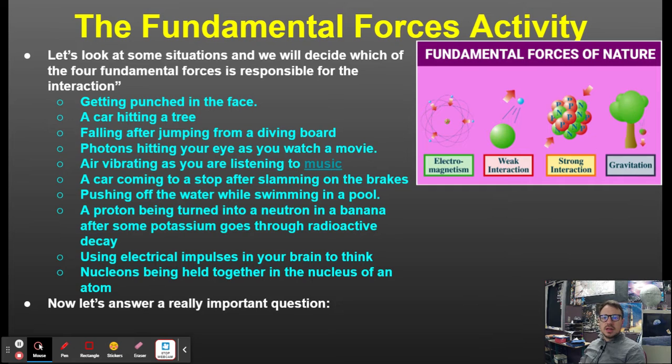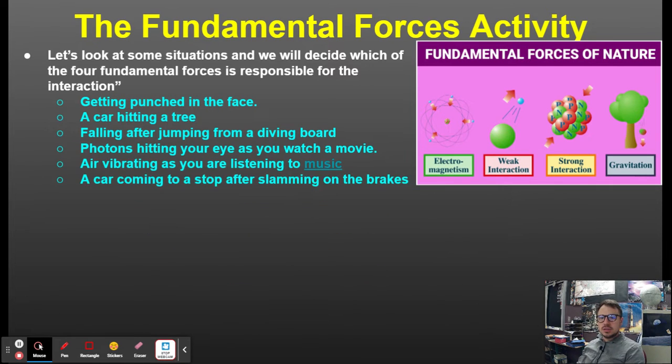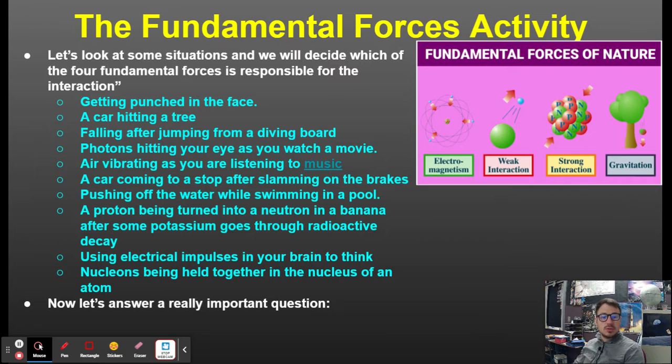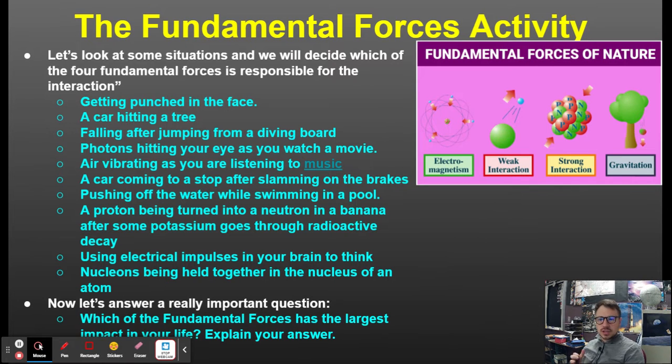These are all of the different scenarios. If you want to, you can pause and try to take a guess. You can look back and see those different forces. But the big question at the very end: which of the fundamental forces has the largest impact on your life, and explain why?